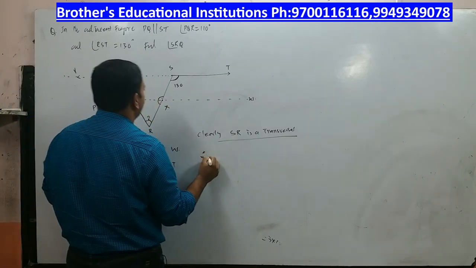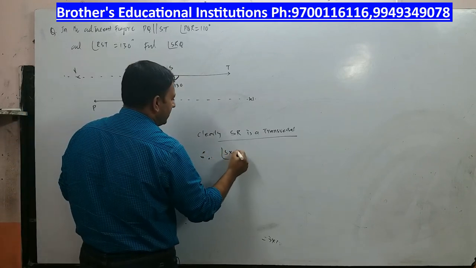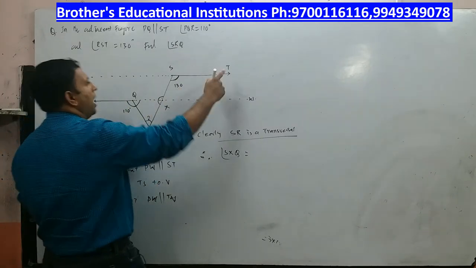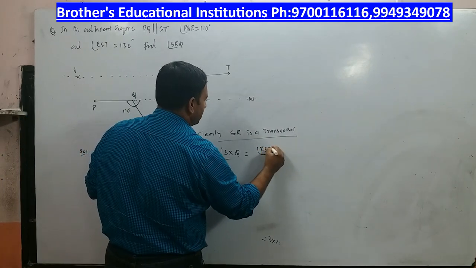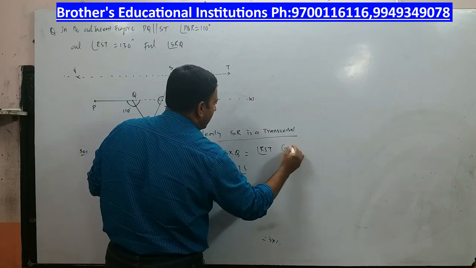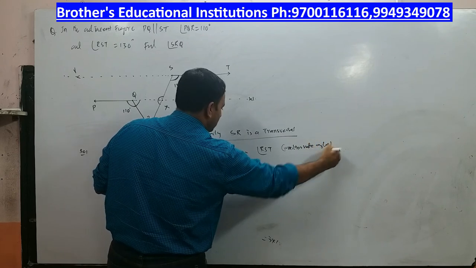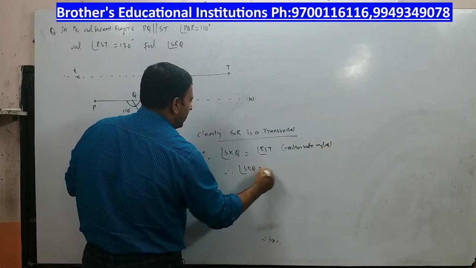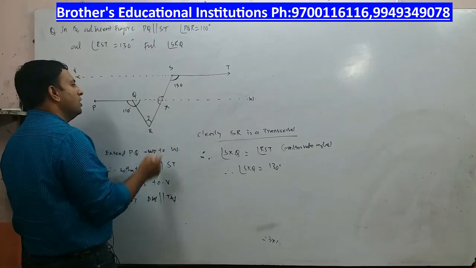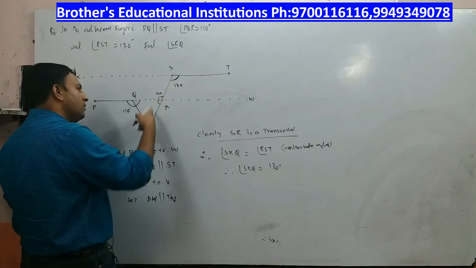Right? So therefore angle SXQ is equal to angle RST. Why are they equal? They are alternate angles. So angle SXQ is equal to how much? 130 degrees. Once you know this is 130 degrees, we have to find this angle.